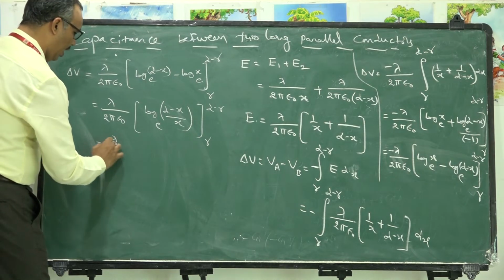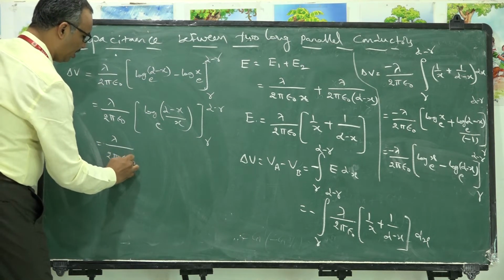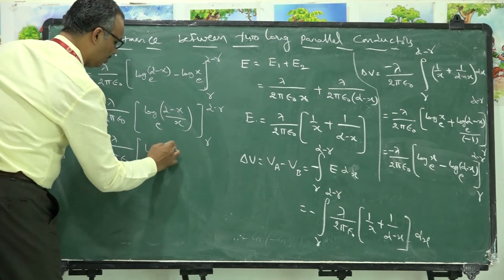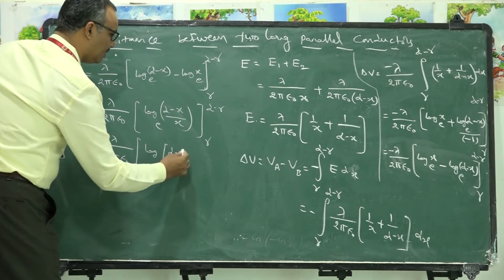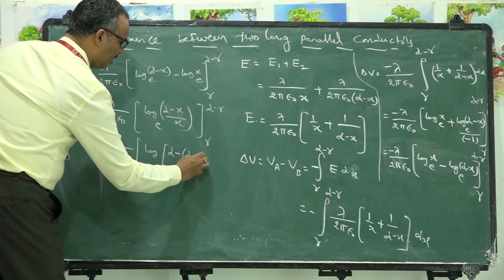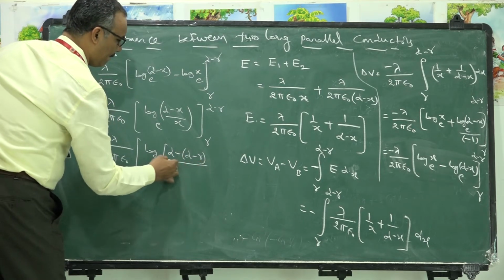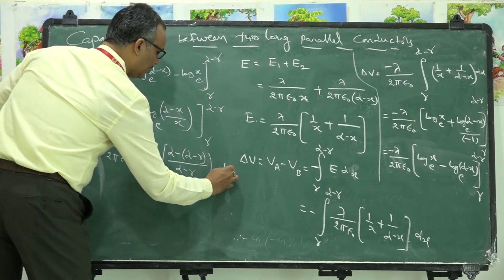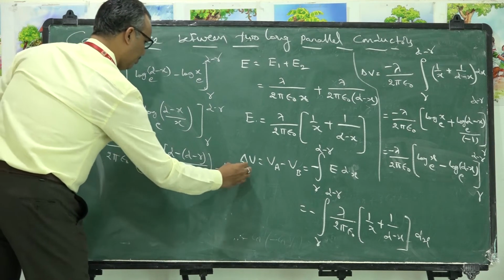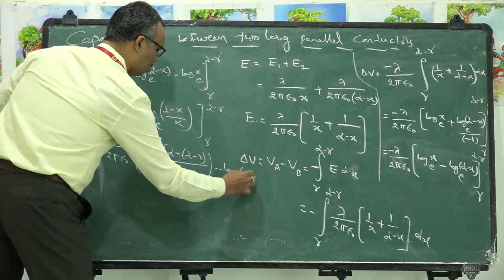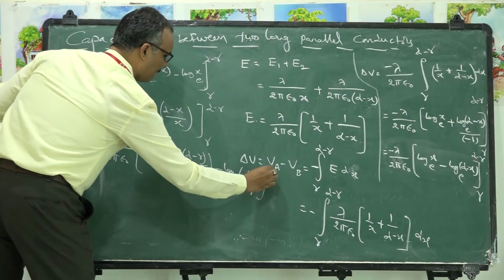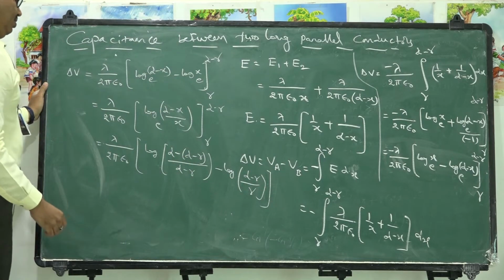Now lambda by 2 pi epsilon naught. In the place of variable, that means in the place of x, I should substitute d minus r. Log d minus r by r, minus log, in the place of x, I should substitute r, d minus r by r to the base e.